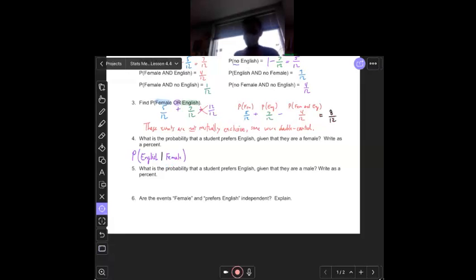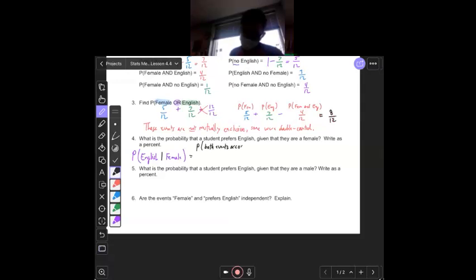And the way we figure that out, here's the formula for it. It's the probability of both events occurring, divided by the probability of the given event occurring.